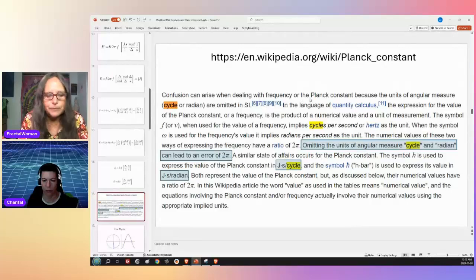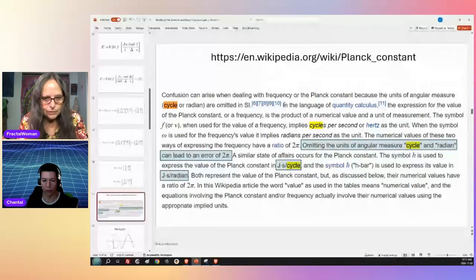So here they're admitting that the cycle term and the radian term were left out, and technically frequency is cycles per second, and omega is radians per second. So the numerical values of these two are different. They differ by a ratio of 2 pi.